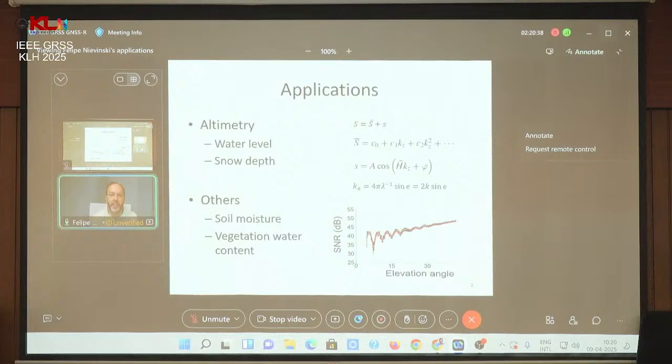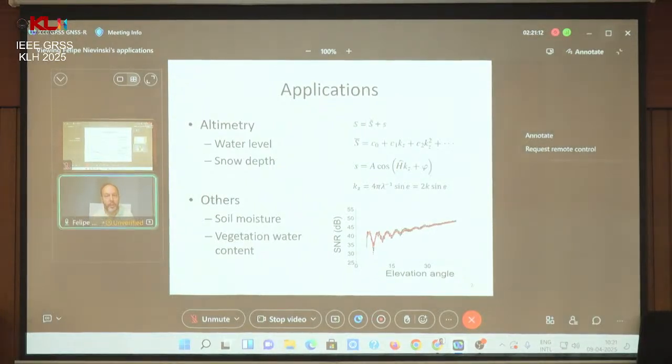Easy applications are altimetry. So that includes water level, either sea level or river level, and snow depth. I include the snow depth in altimetry because it's a geometric parameter. You observe bare ground, and then you observe snow-covered ground, and the difference in the reflector height between the two moments is your snow depth.